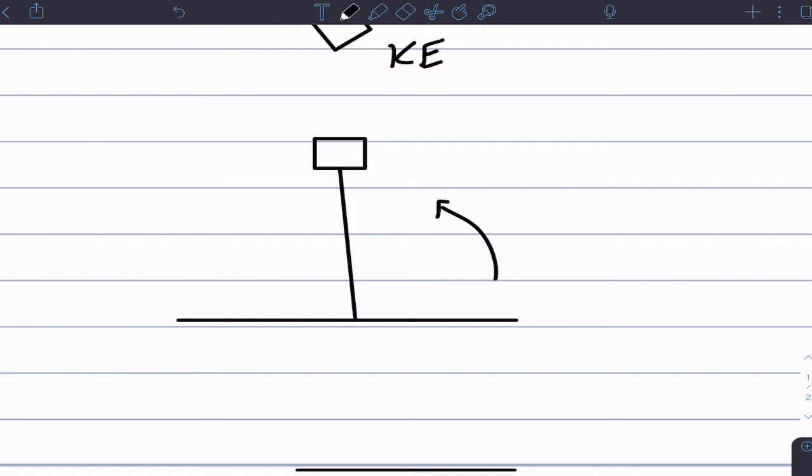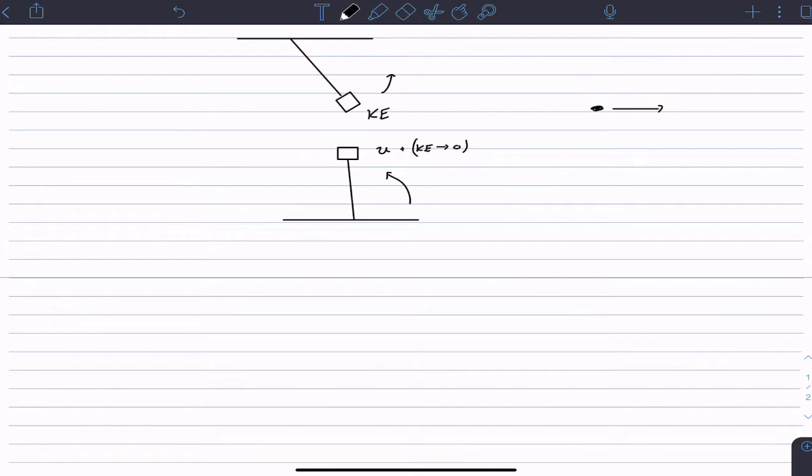So what that means is we have a potential energy and we have a kinetic energy where this velocity goes to 0. So we are just going to equate 1/2 mv squared, this is the initial energy, there's no potential here, is equal to 1/2 mv, this goes to 0 squared, plus mgh.